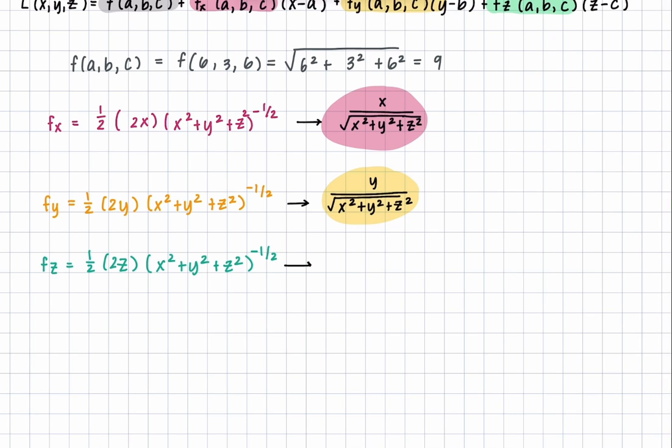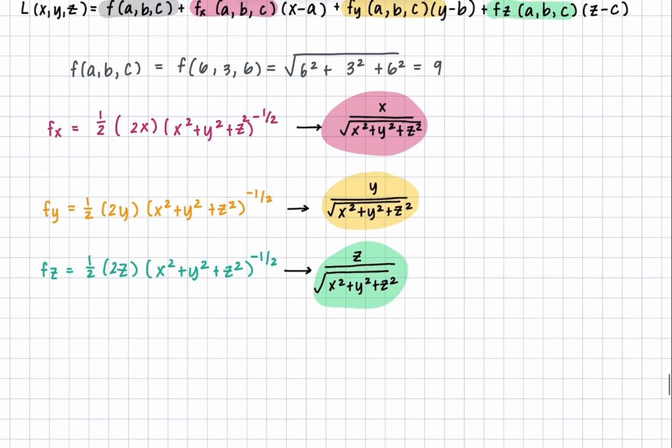If I simplify that, I get z over the square root of x squared plus y squared plus z squared. Now that we have all our partial derivatives, we can simply plug into our formula.